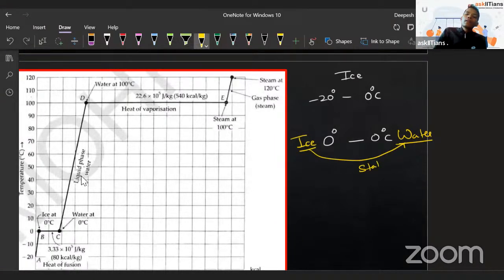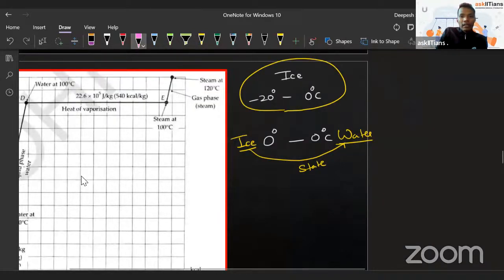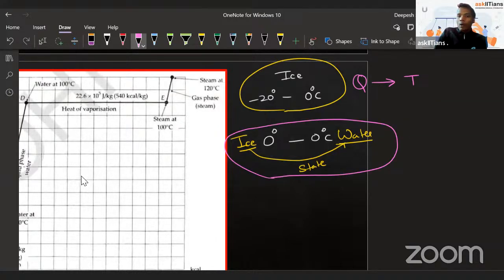Just like in this process, the amount of heat we give to the system goes on increasing the temperature, exactly in the same way, in this particular setup, the amount of heat we give to the system goes in changing the state of the matter. You are not increasing or decreasing the temperature, but you are changing the state. You are converting ice to water. This is known as latent heat of fusion, because this is for ice water. So this is fusion.